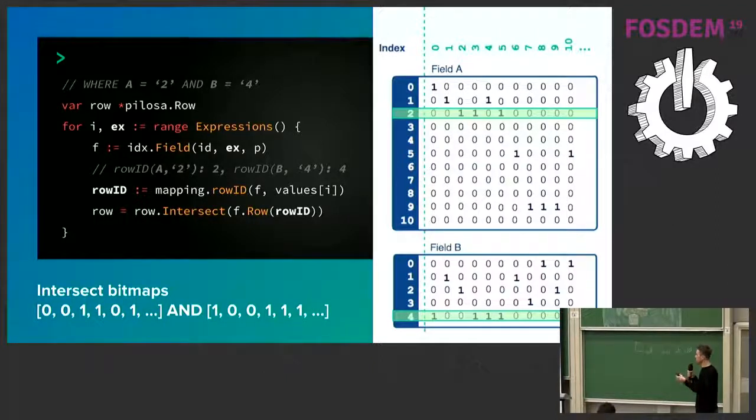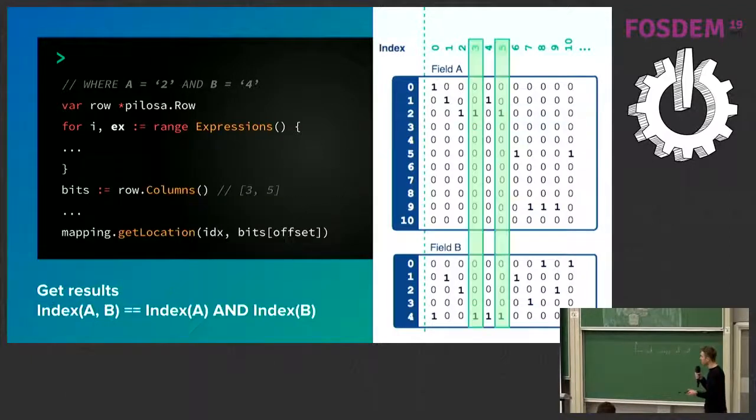For simplicity, let's say the value 2 is assigned to row 2 in A, and value 4 is assigned to row 4 in B. So at the end, when you have collected all the rows which are assigned to your values, because it's an AND, you have to do an intersection. So you intersect rows, and as a result, you get the columns where the 1 was in the same positions. So you get columns 3 and 5 as a result.